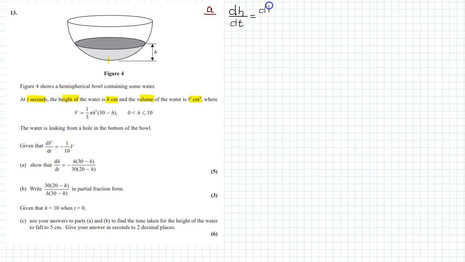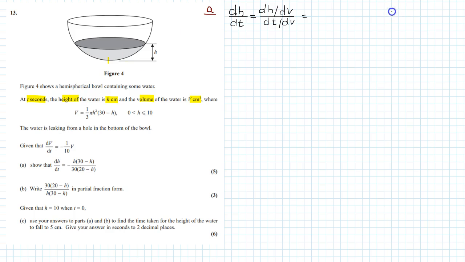So dh over dt can be dh over dv times dv over dt, not dt over dv. Okay, let's try to find out.